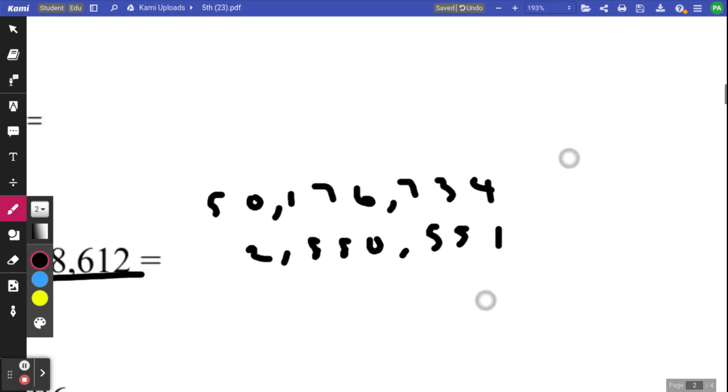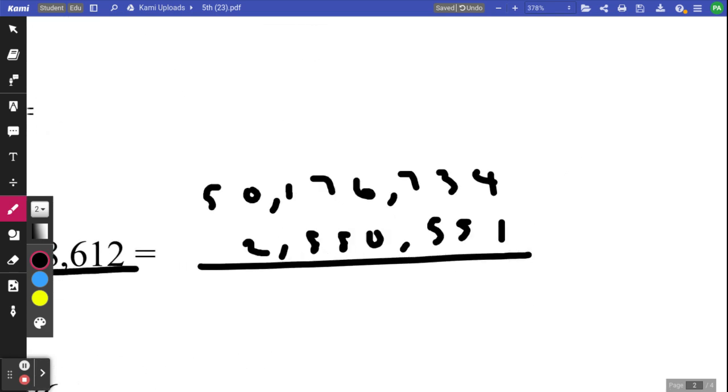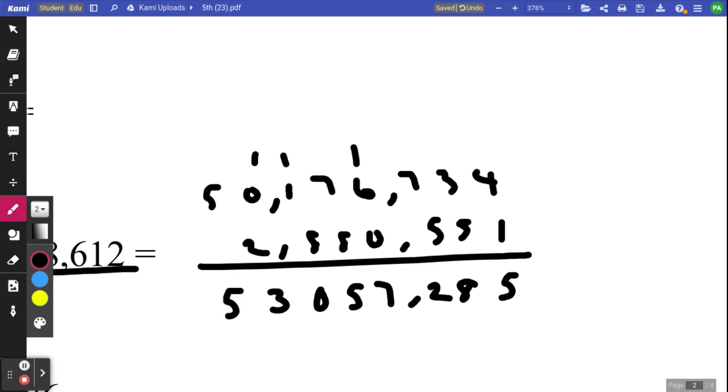Now let's add these. Okay, so 4 plus 1 is 5, 3 plus 5 is 8, 7 plus 5 is 12, we bring the 1, 1 plus 6 is 7, 7 plus 8 is 15, 1 plus 1 plus 8 is 10, bring the 1 again, 1 plus 2 is 3, and then you get 5.